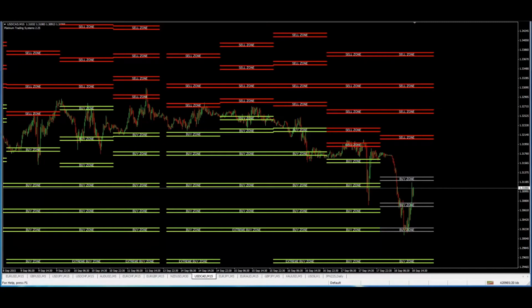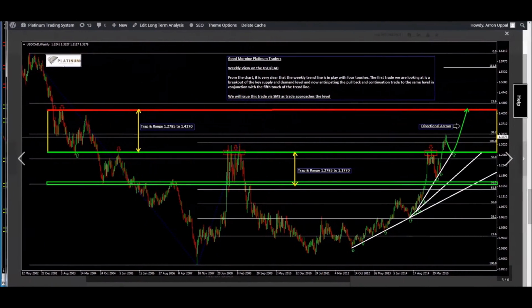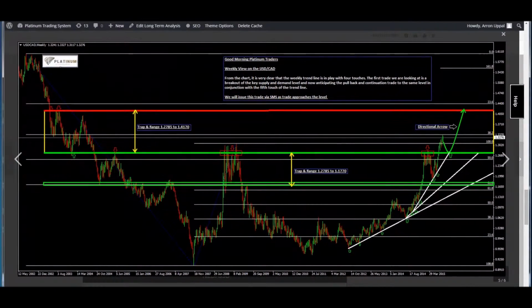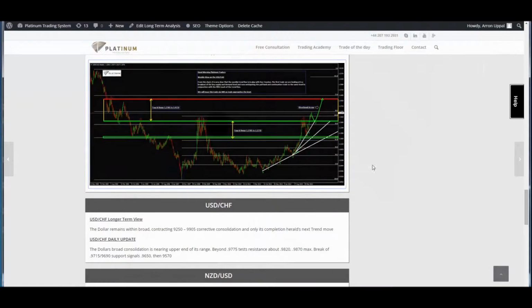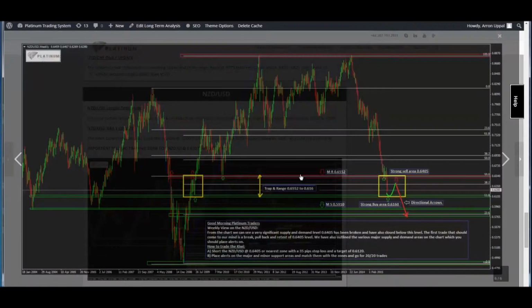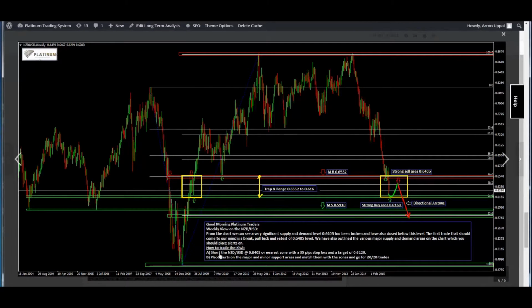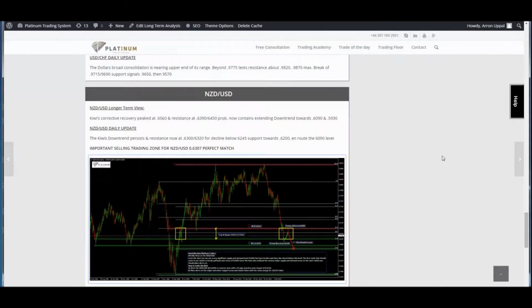Now, in terms of showing you the trades published on the trading floor, I'll bring that up across the screen now. Firstly we had the Kiwi chart, and obviously you guys should know this chart as I showed this in the last video. You can see this was a trade given: short the Kiwi at 64.05, a 35 stop and a target of 61.20.